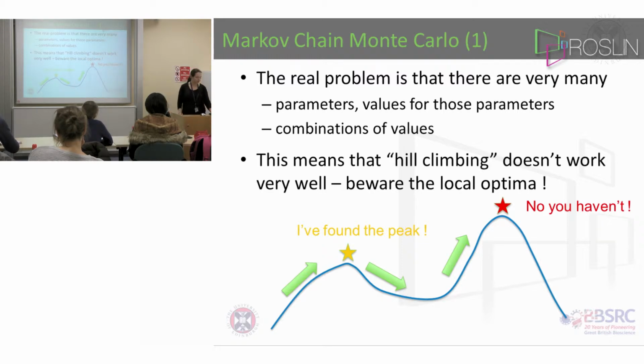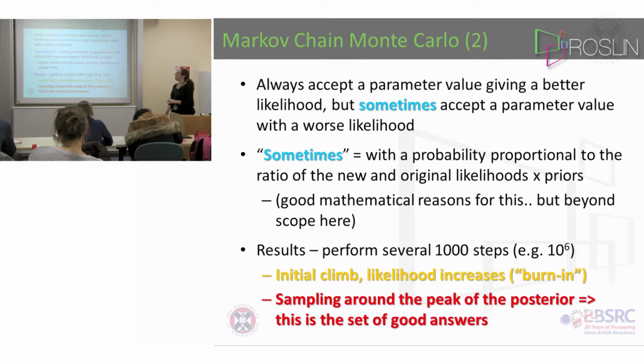So, rather than just, as before, having this idea of this hill climbing algorithm where you change your parameter, and if it's better, you go, okay, that's good, I'll have that parameter, now I'll just try to find a better one, better one, better one. In fact, you use a thing called Markov Chain Monte Carlo.